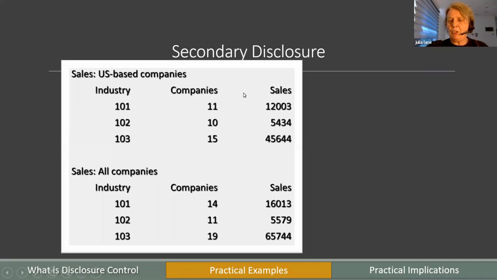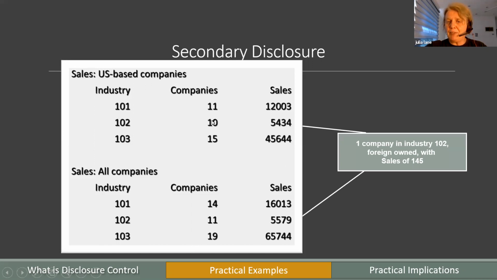So for example, if I were to release this table about US-based companies and this table about all companies, you could figure out by differencing industry 102 that you have 1 company that has sales of 145. So you can see that secondary or complementary disclosure can be very difficult to determine, and clearly the more tables that you release, the greater the likelihood of secondary disclosure.